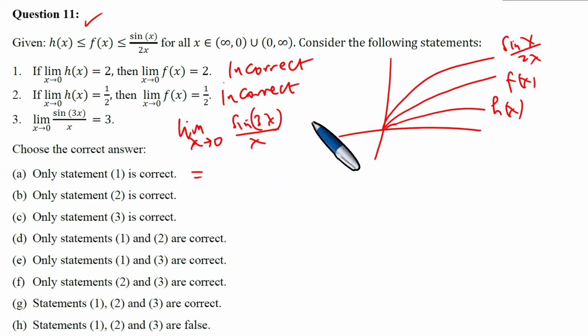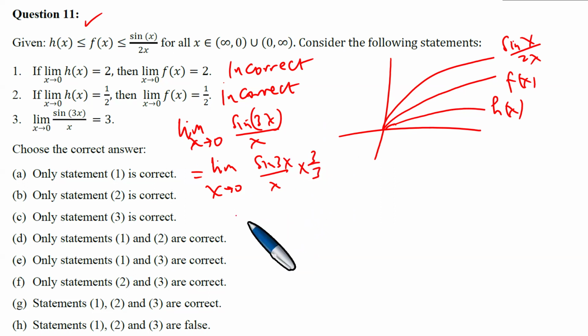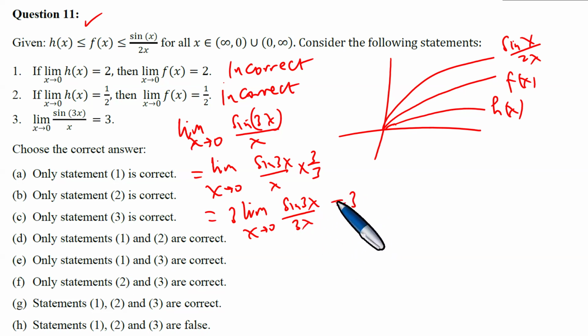Okay, you can use anything. It's actually the limit as x tends to 0 of sine 3x over x. You multiply it by 3 out of 3, which is the limit as x tends to 0 of sine 3x on 3x.